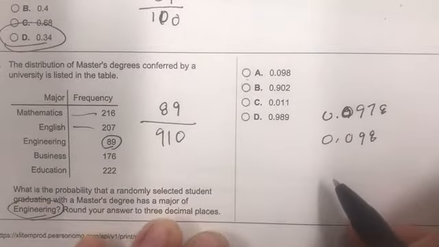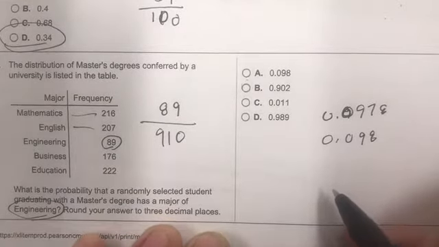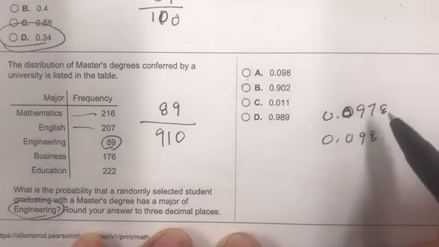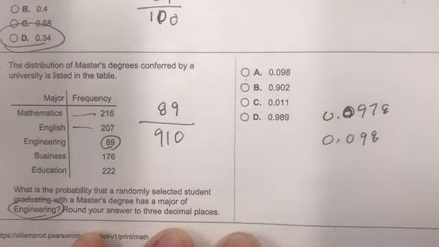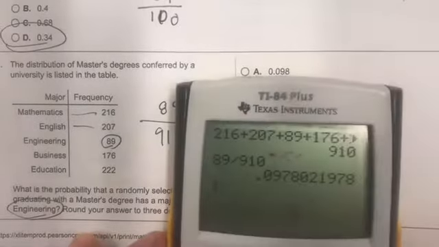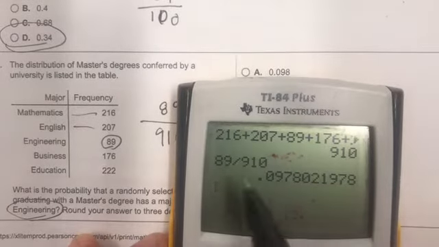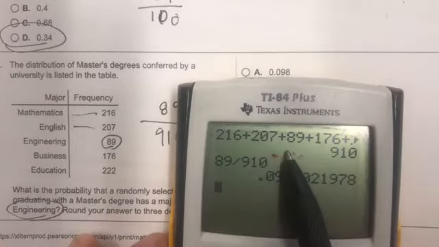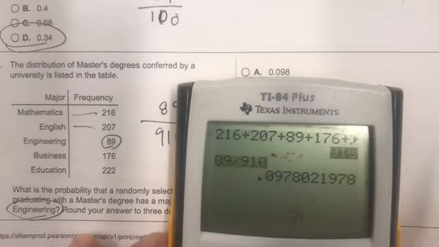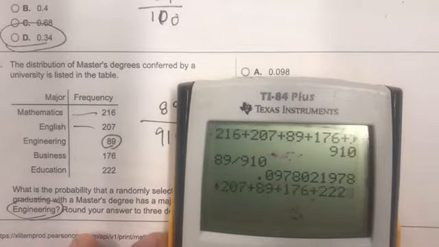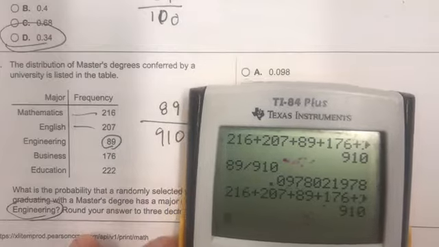And I don't see it. Maybe we added these up wrong. 216, 207, 89, 176, plus 222. That adds up to 910.